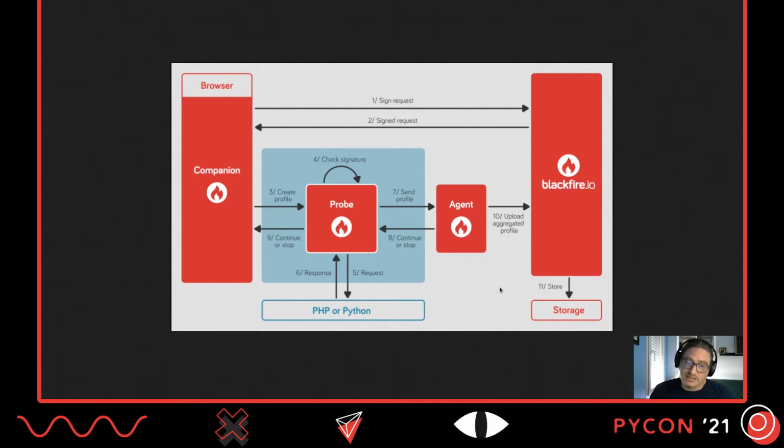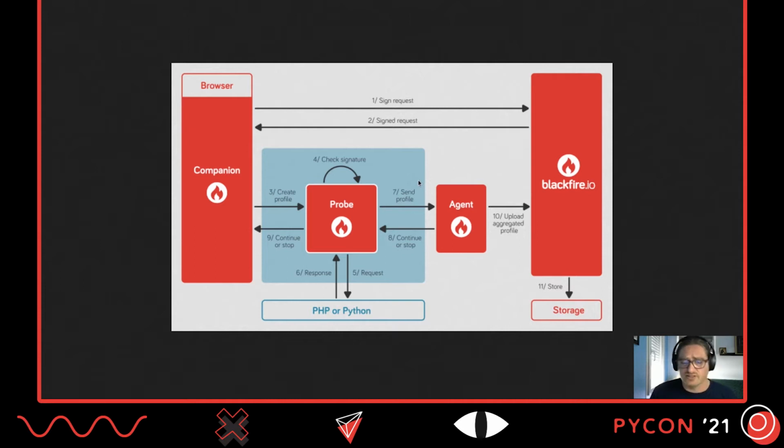The agent does some processing on it, like removing unimportant information and anonymizing things, then ultimately sends the data to the Blackfire servers. It's somehow the middleman. So basically, the probe and the agent work together to collect the info and send it to Blackfire.